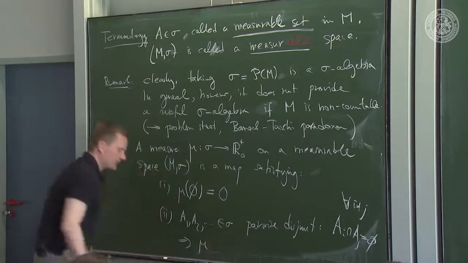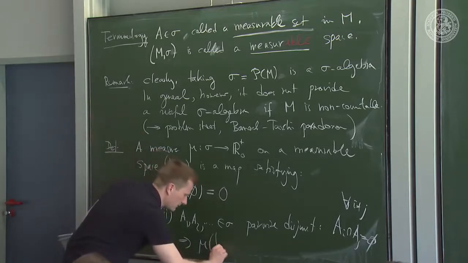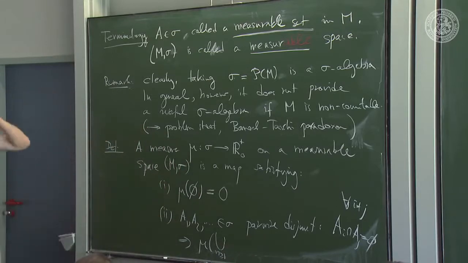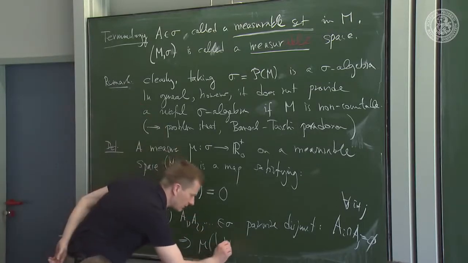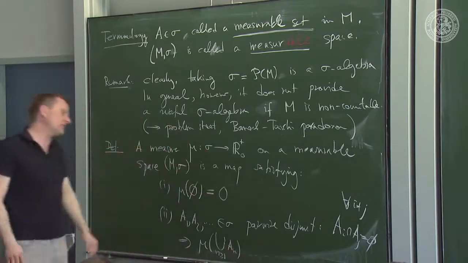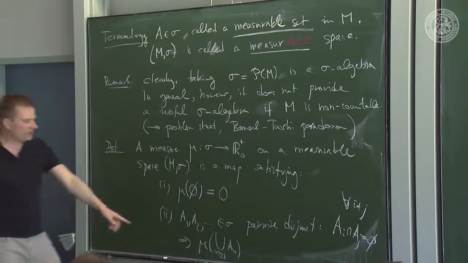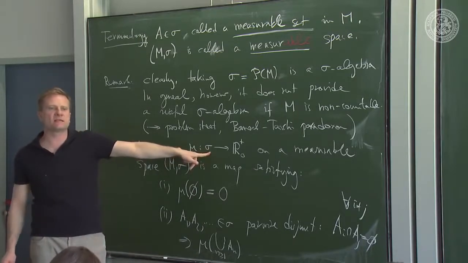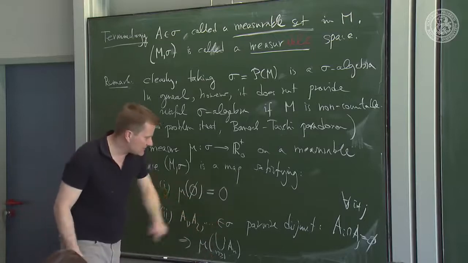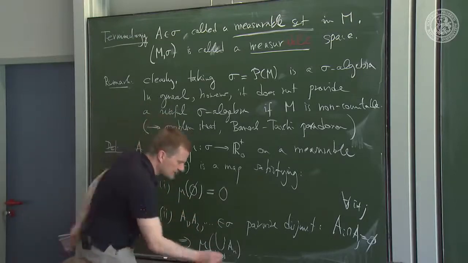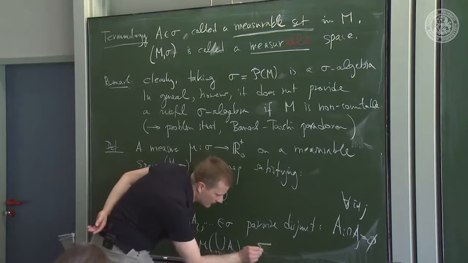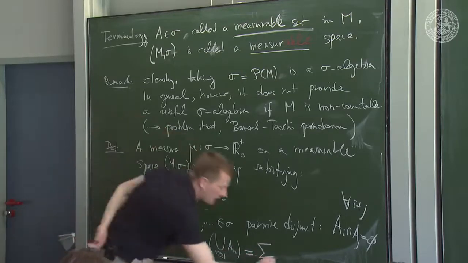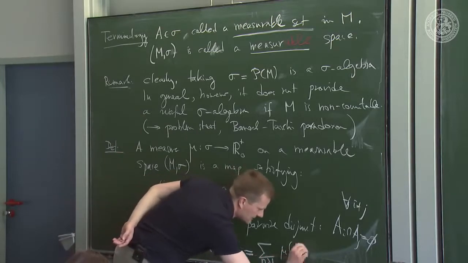Then the measure of the union of those, so we know that the union of such sets, if they are measurable, is measurable. That's axiom 3 of the measurable sets. So we can even write this, because you see the mu only eats measurable sets, only elements of the sigma algebra. So we have measurable sets, the mu can eat this, and then this is equal to the sum, over all n greater or equal to 1, of the measures of the individual sets.